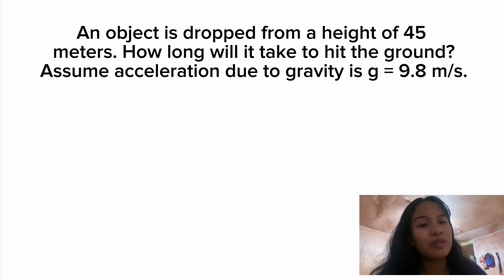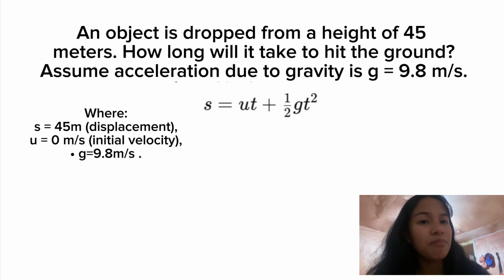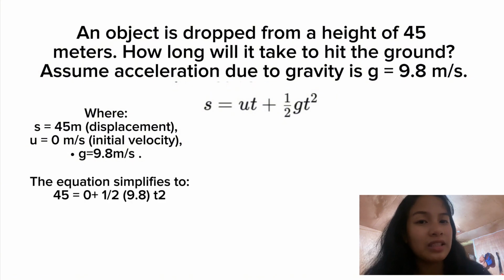In this solution, using free fall, the equation is s is equal to ut plus 1/2 gt squared, where s, 45 meters, is the displacement, u, 0 meters per second, is the initial velocity, and g is 9.8 meters per second squared. And this equation simplifies to 45 is equal to 0 plus 1/2 times 9.8 t squared.